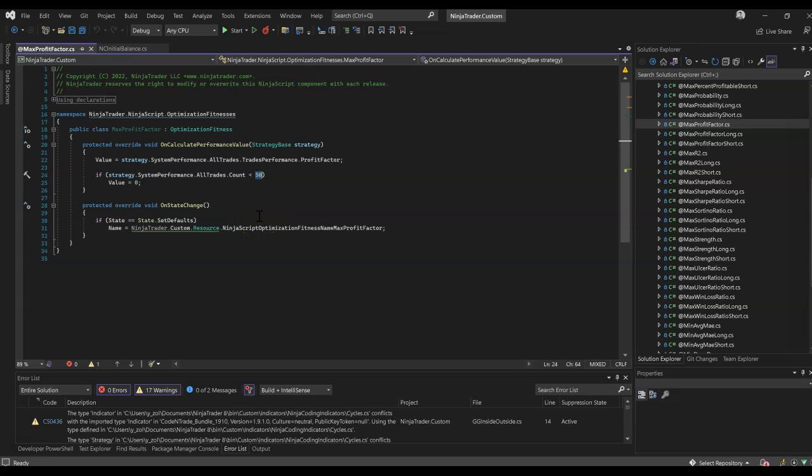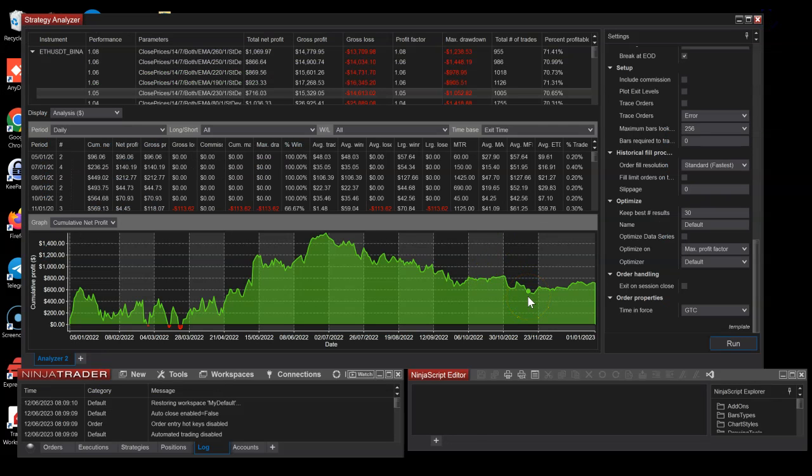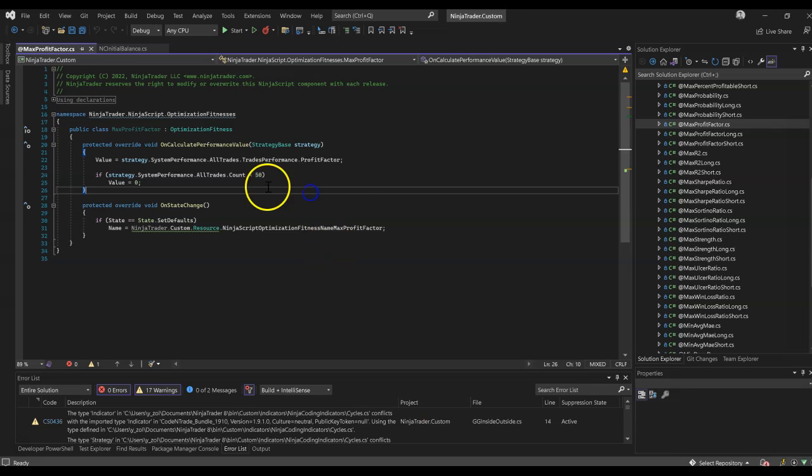It would be really cool if this could be a variable that I could input every optimization. But because I'm now optimizing one year of data, I could even say I want to build a fast system with lots of trades, so I'm not interested in anything less than 150 trades. So I'm going to save that.